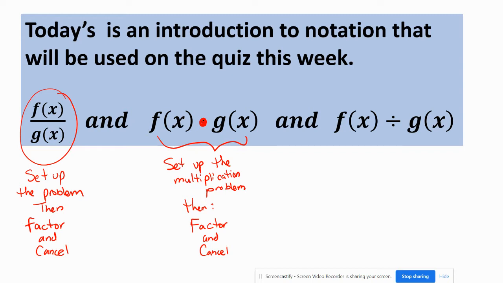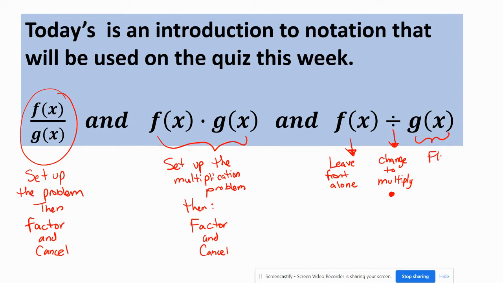And if you see the next one, this is division, you're going to leave the front alone. Just write it down exactly as you see it. Change the division to multiply, so you can put a dot.